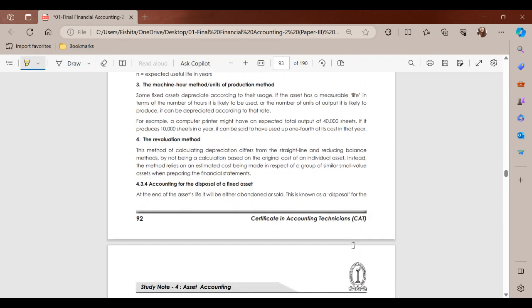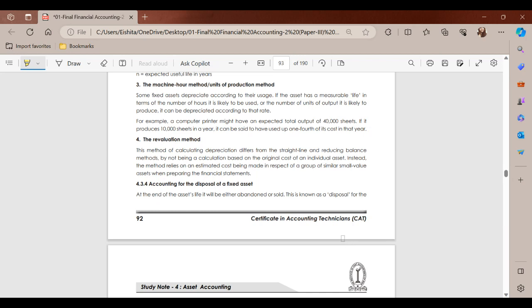I will explain the revaluation method. It is used in specifically gold shops or silver shops or metals which are traded online where the rate is available online.